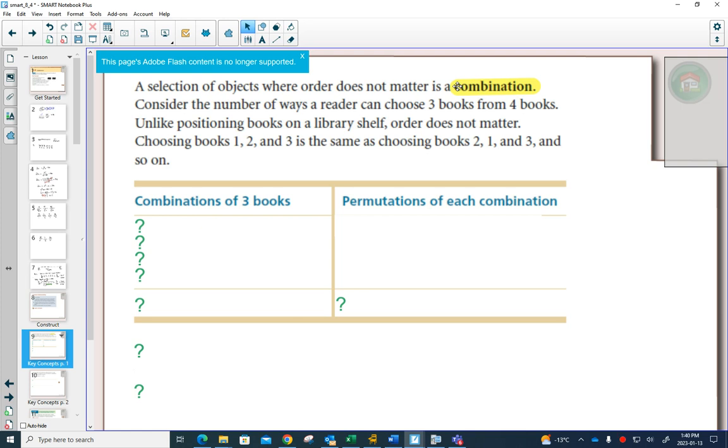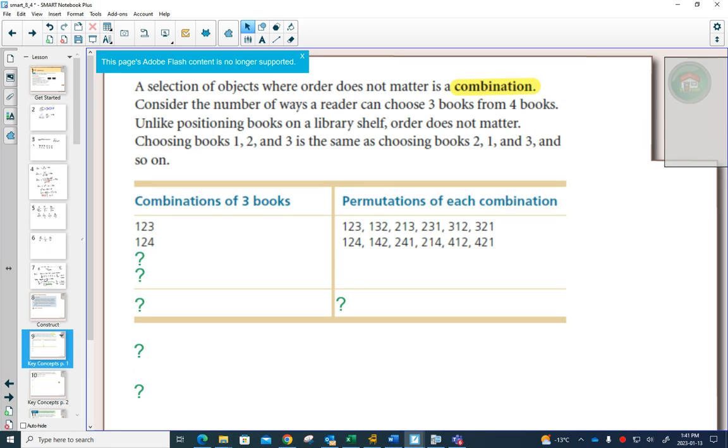So what we look at is that if you chose books 1, 2, and 3, that's considered one combination, but in permutations, there would have been 6 of them. If you picked books 1, 2, and 4, in permutations, there would have been 6 of them.